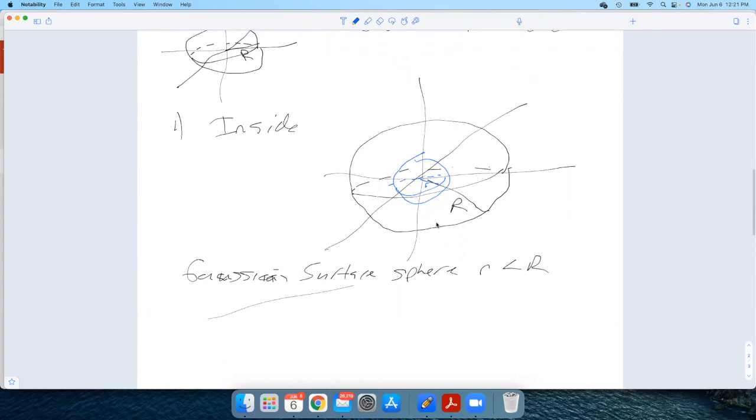So first, we got to make a couple of arguments. E must point radially outward. Again, that's by symmetry of the charge distribution. It's a sphere, so the electric field has to have spherical symmetry. E must point out everywhere, even inside here.